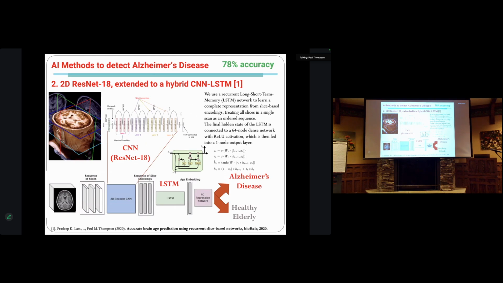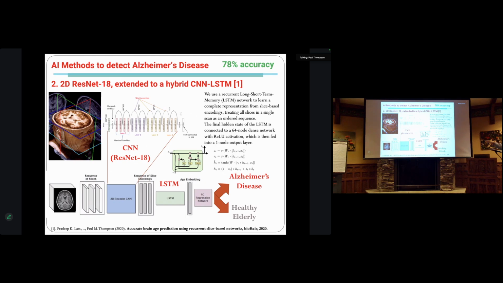You can use 2D CNN. So let's say an MRI is 3D, but let's say you just give it a 2D slice. Maybe there's enough signs of the disease in 2D slices. So people have written ResNets which handle 2D images and concatenated them using a long short-term memory architecture, which is used in sequence AI.